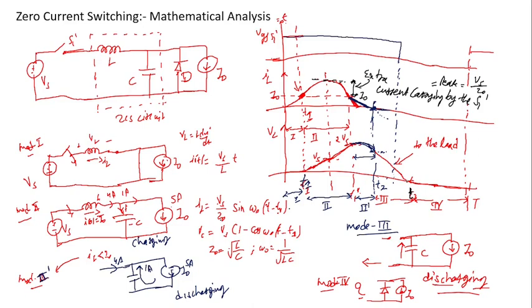If the last part, this T3, becomes equal to T, or greater than T, then what will happen? The answer is very simple: this T3 should be less than or equal to T. If this T3 is greater than T, this is highly undesirable, because ZCS cannot be achieved in this condition.